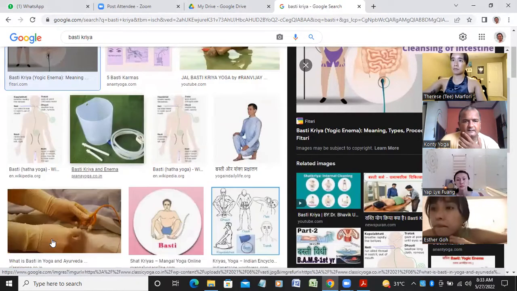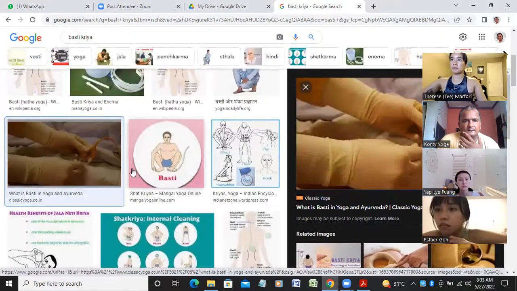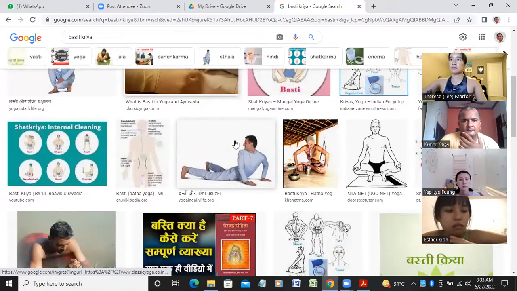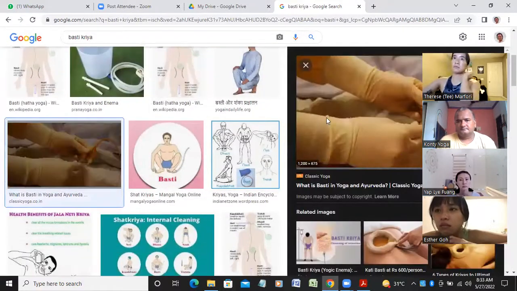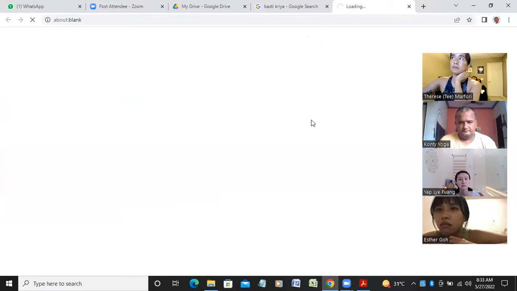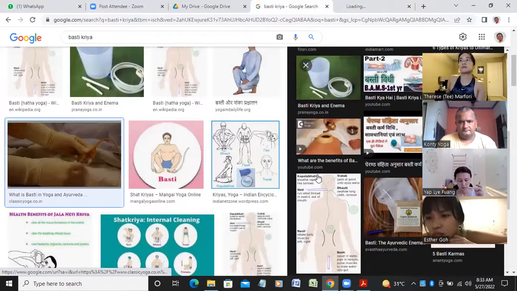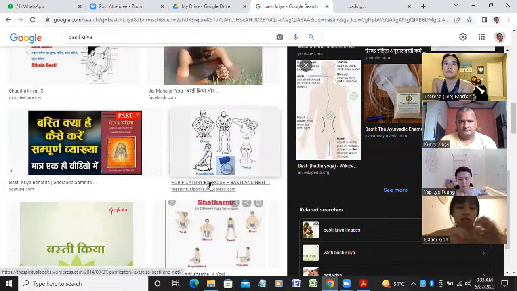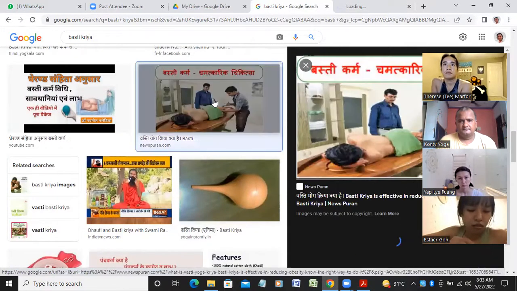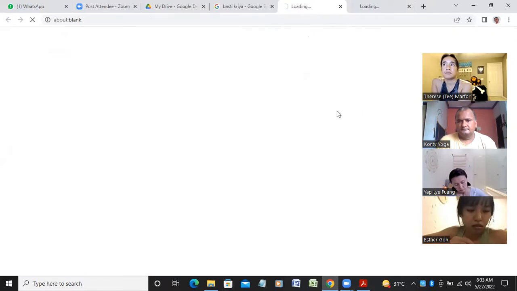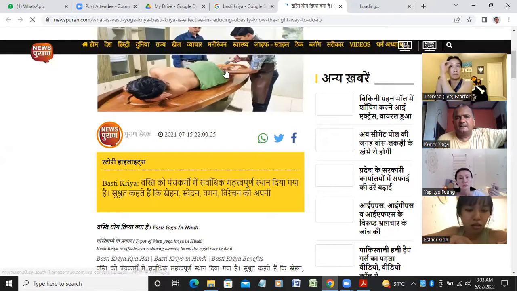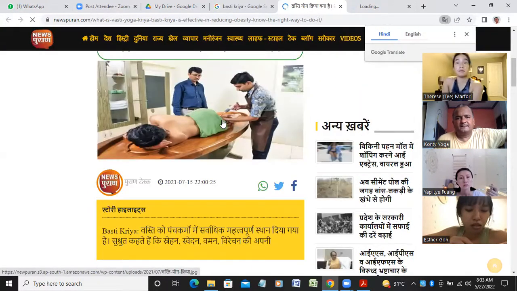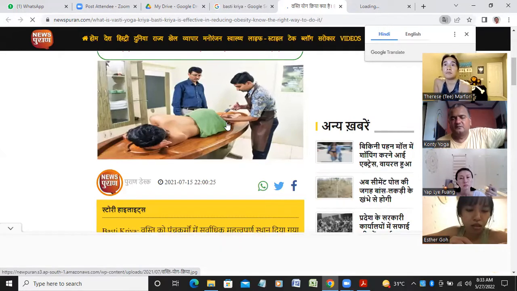See here. So this is an Ayurvedic treatment where the doctor will insert a tube and oil within your anus, and the impurities from your anus will go away.